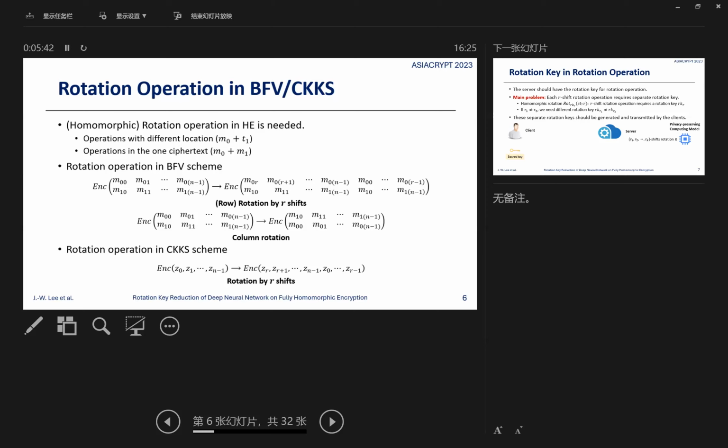The column rotation is just swapping the rows. The rotation operation in the CKKS scheme is very similar to the BFV scheme.